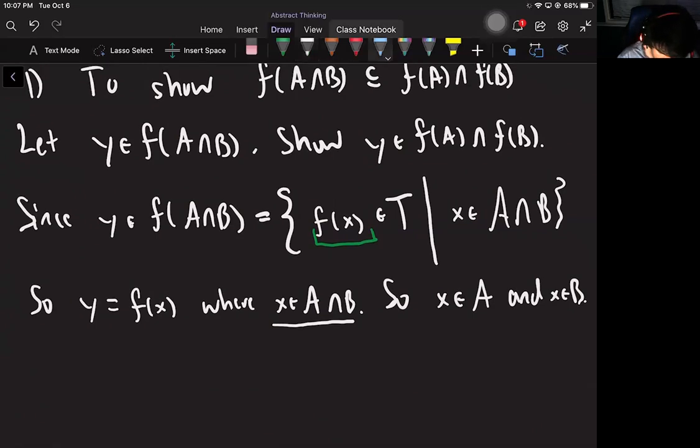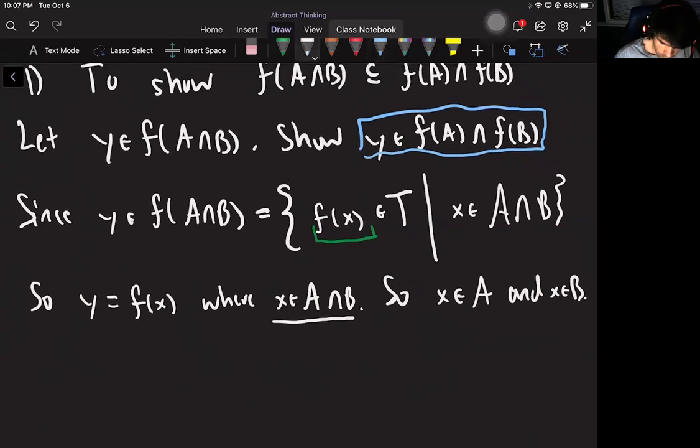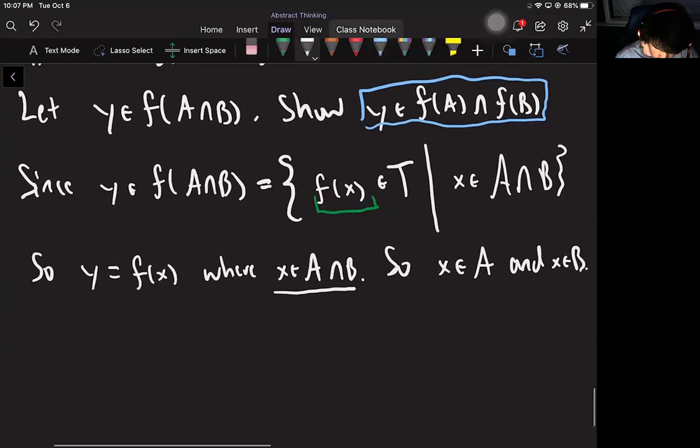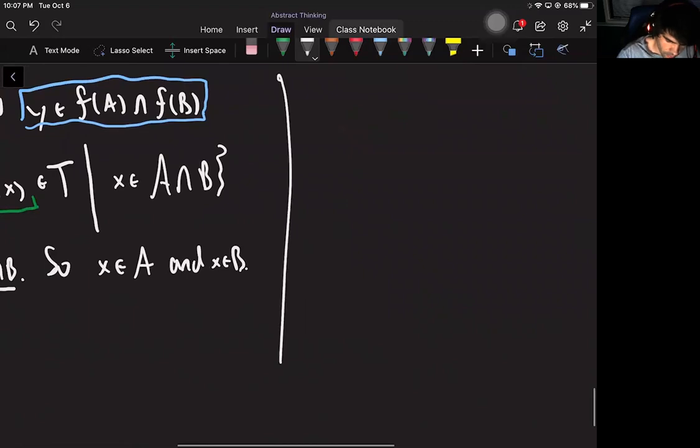Now, I'm really trying to get over here, which is another intersection. So I've got to show that y is in both of these. Well, this really requires that we really understand f of A. So maybe you could do some scratch work over here. What is f of A?